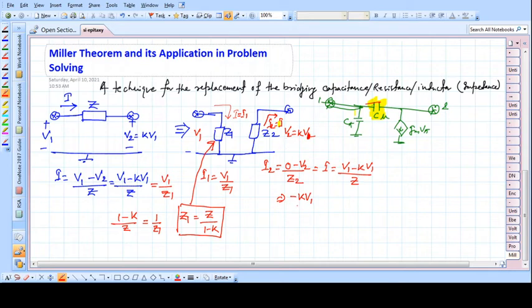So this should be minus V2 by Z2, then V1 into 1 minus K by Z. So this V1 cancels.